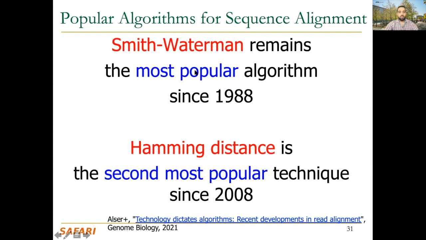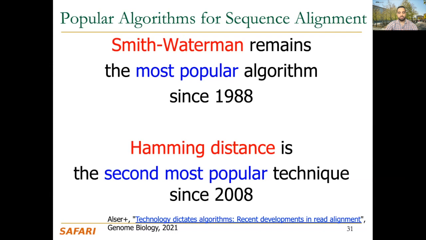Okay, now what are the popular algorithms to be used? Since 1988, people have been using Smith-Waterman, which is a very expensive algorithm, but was the most accurate algorithm ever to exist until now. People are also surprisingly using Hamming distance. Hamming distance cannot capture insertions or deletions, but can capture substitutions very well.